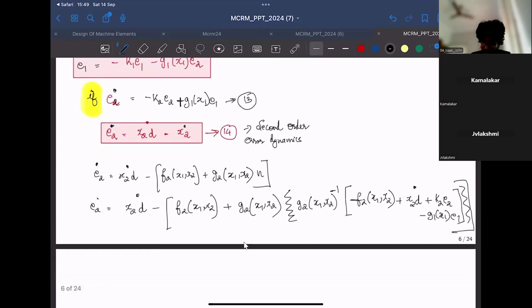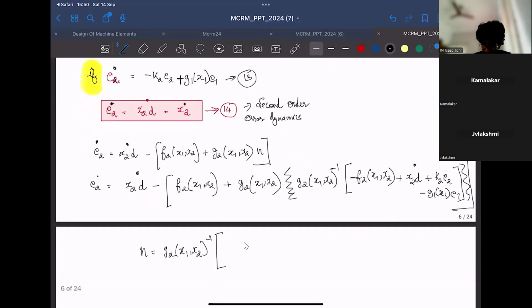This entire term over here will be your control input U. So U is going to be G2 of x1 comma x2 inverse, times minus F2 of x1 comma x2 plus x2 desired dot plus K2 E2 minus G1 of x1, E1.